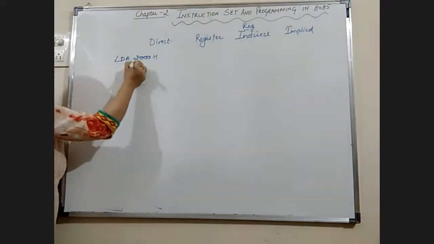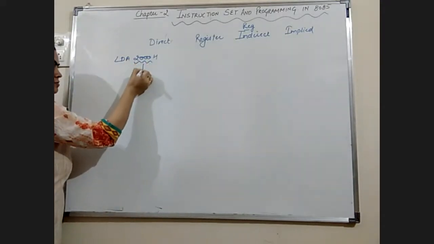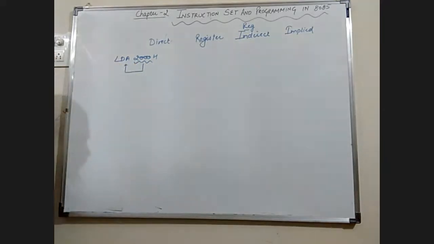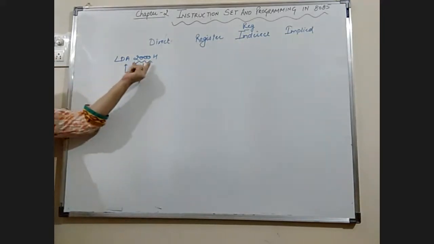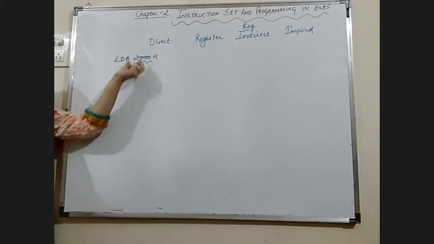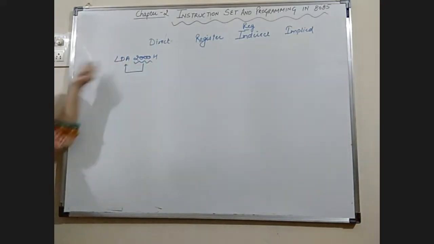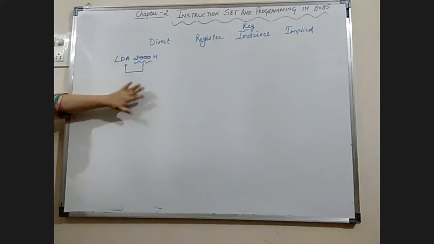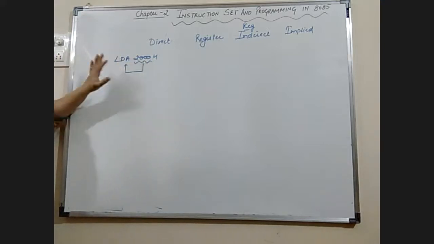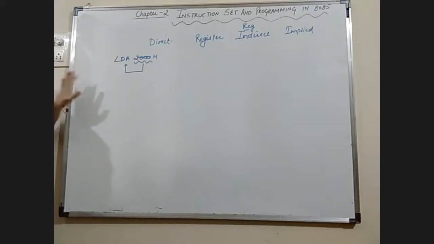So this instruction means the contents of this memory location will be loaded into the accumulator. We cannot load 2000 into the accumulator. Why? Because 2000 is the address, and an address is 16-bit while the accumulator is 8-bit. So we cannot load a 16-bit data or 16-bit address into an 8-bit register.